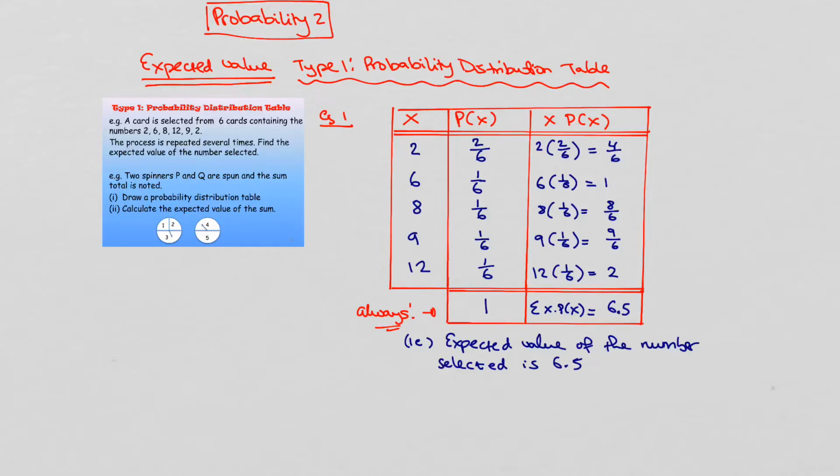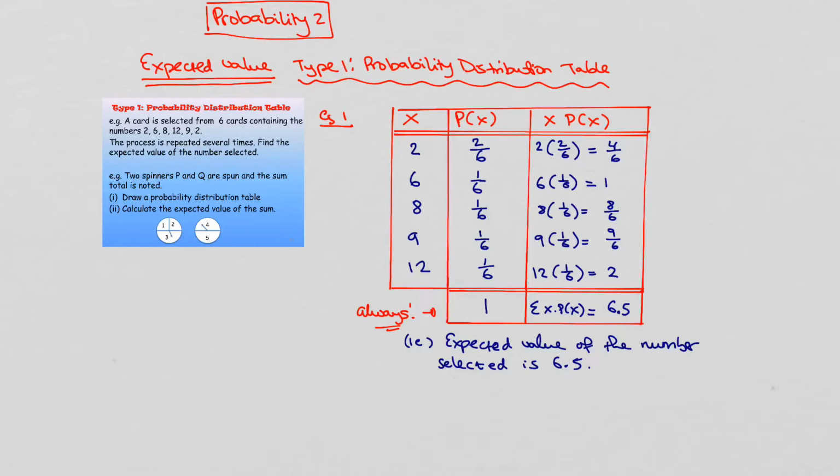Now, we discussed this in the PowerPoint, how sometimes this expected value isn't even a value in itself. Because if we look at the values of the numbers on the cards, we have 2, 6, 8, 9 and 12, and yet 6.5 is our expected value. So sometimes these expected values don't really match the actual number. It's a mathematical value of what we would expect to get if we repeated the process several times.